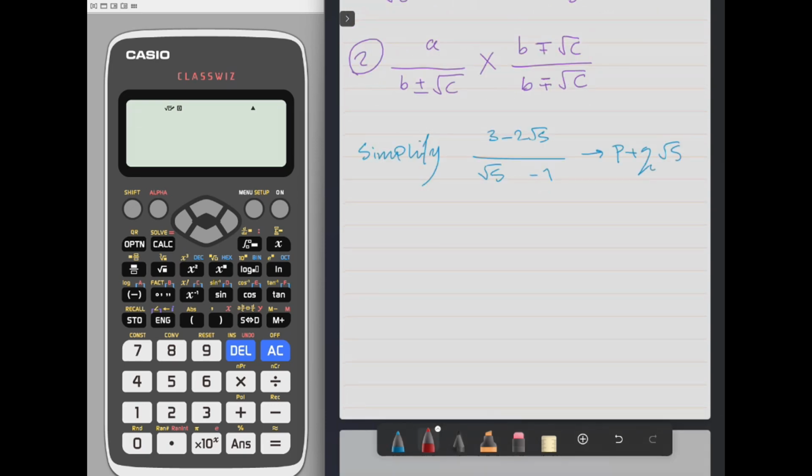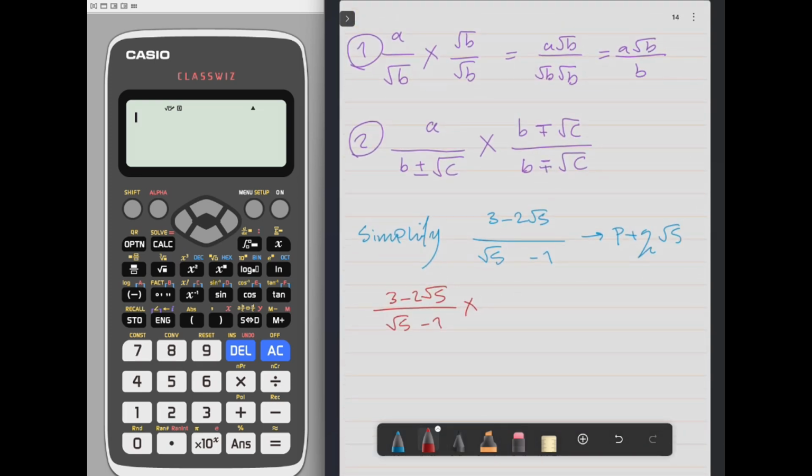So, guys, as I told you, 3 minus 2 root 5 over root 5 minus 1. We look at the denominator. Is it a surd? It contains a surd, root 5. So I have to multiply by its conjugate. Guys, you saw that I wrote this as if it is b minus root c, then it is going to be multiplied by b plus root c. b plus root c is the conjugate of b minus root c, and b minus root c is the conjugate of b plus root c.